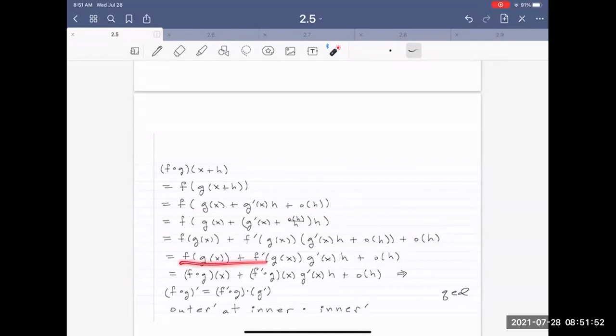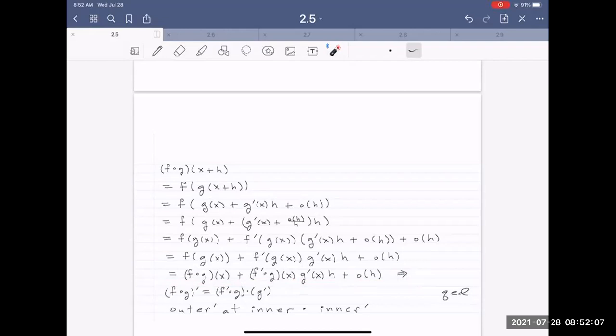So I've shown that this is equal to f composed with g at x plus f prime composed with g at x times g prime at x times h plus the little o of h.